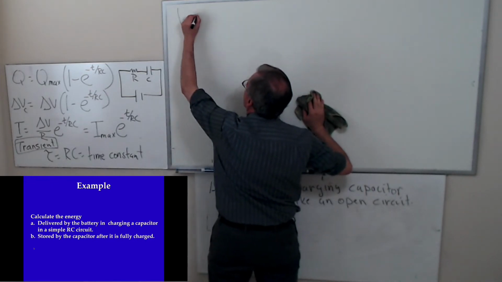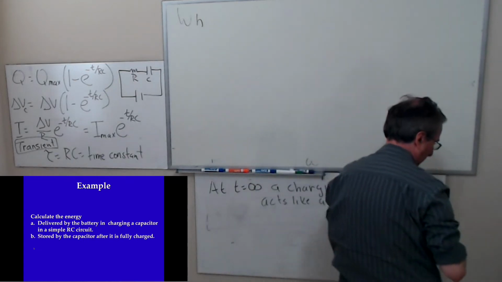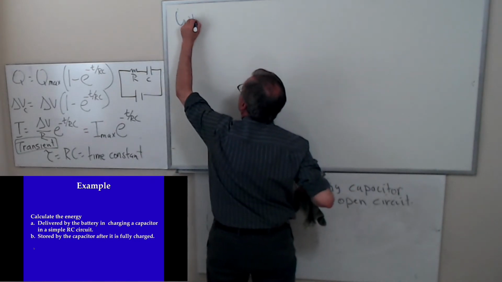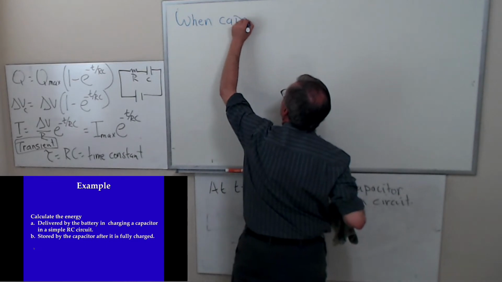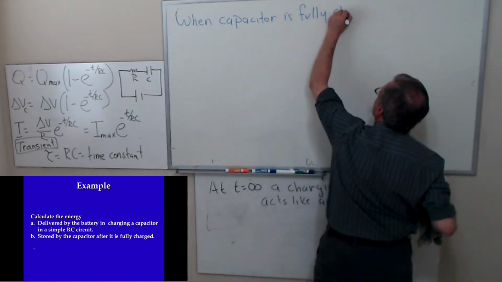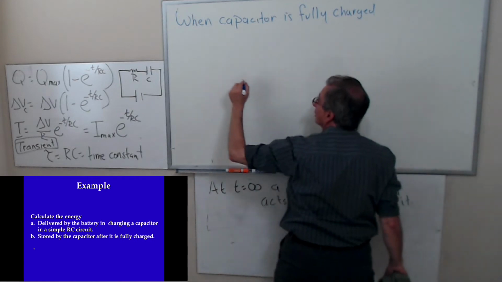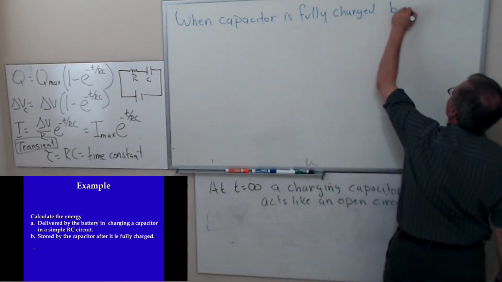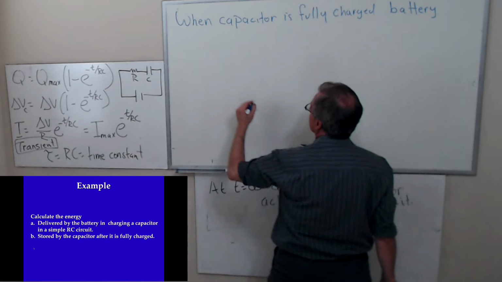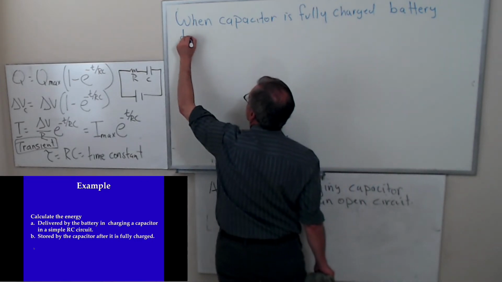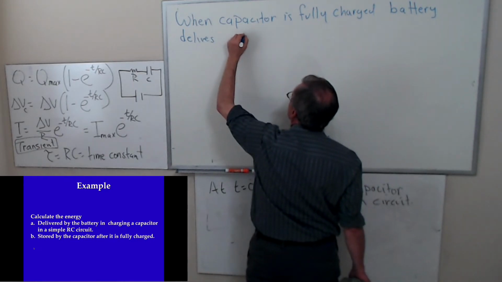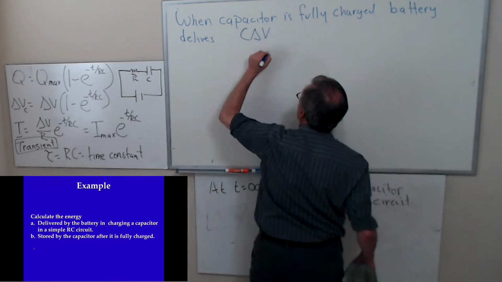When the capacitor is fully charged, the battery, or the power supply, whatever you want to call it, for our discussion it doesn't matter, delivers this much energy.